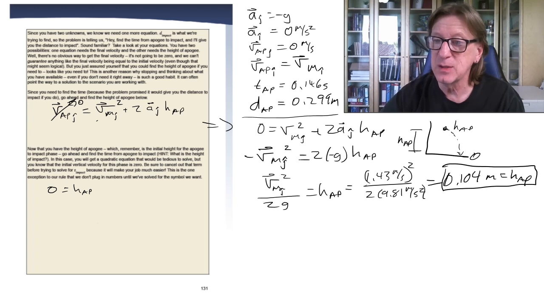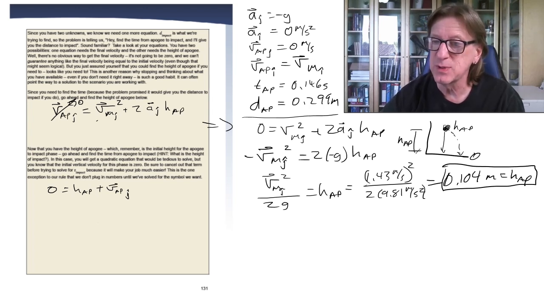I'm dealing with the vertical time because I want to find the time for it to fall. And so that's going to be plus, remember h-ap is in the vertical direction, so I don't have any choice there. That's going to be v-ap j, because that's my initial velocity, at my initial point right here.